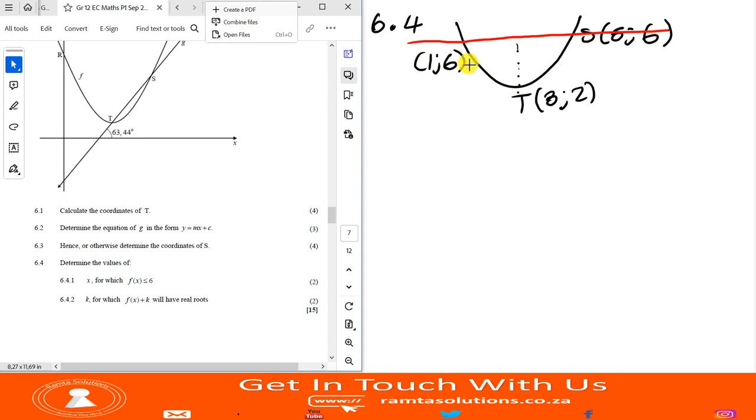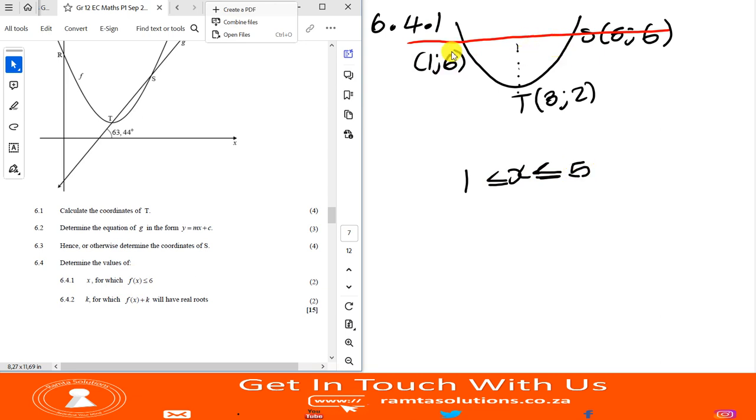Now let's answer the question, 6.4.1. The question says, for which values of x will f of x be less or equal to 6? It is less or equal to 6 when x is greater or equal to 1, but less or equal to 5.